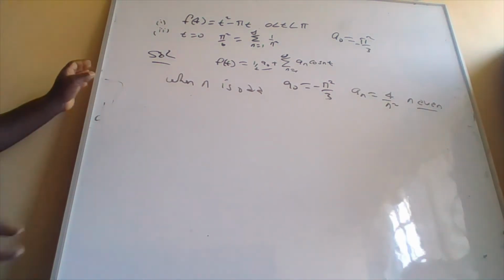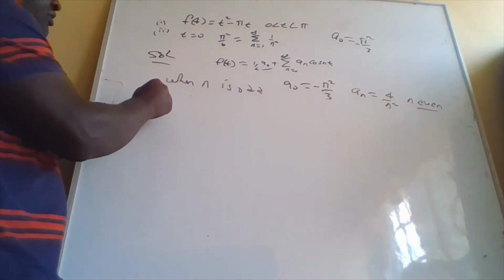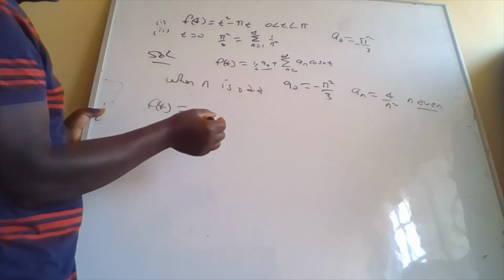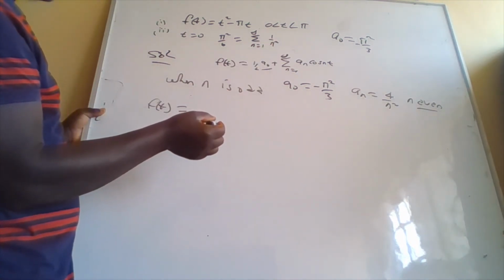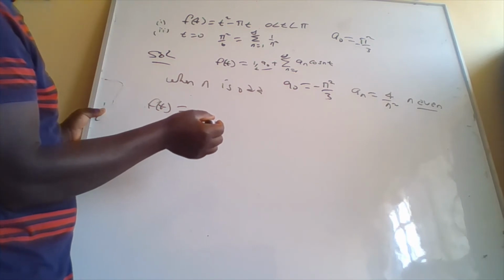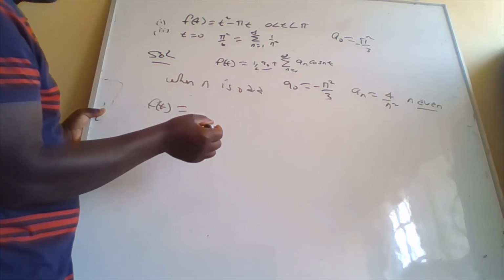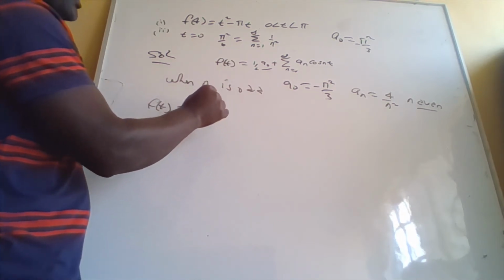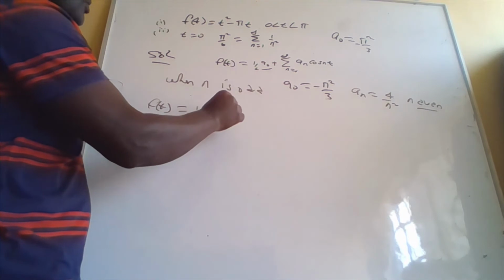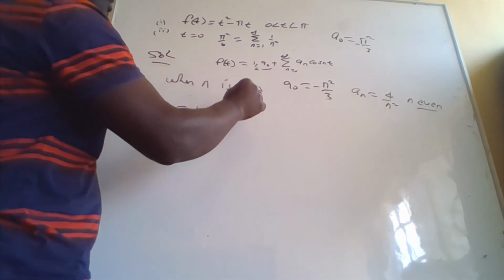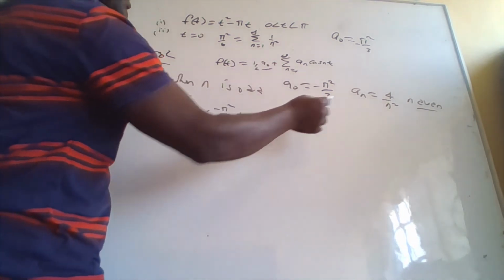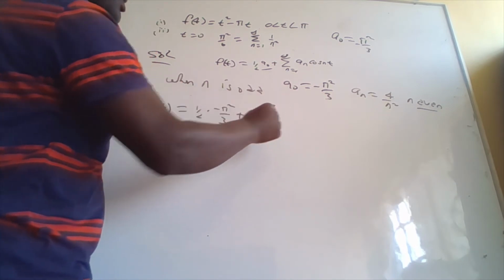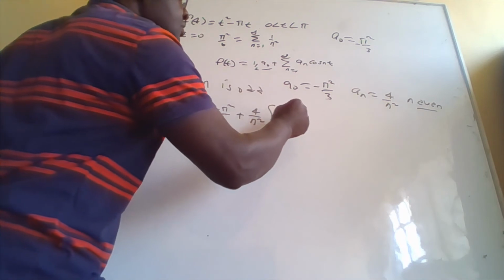So what will be the series then? Our f of t now will be equal to, we now substitute our a naught, which is negative pi squared all over 3. So we have a half times negative pi squared all over 3, then plus our an, which is 4 over n squared, now it will be into cos.